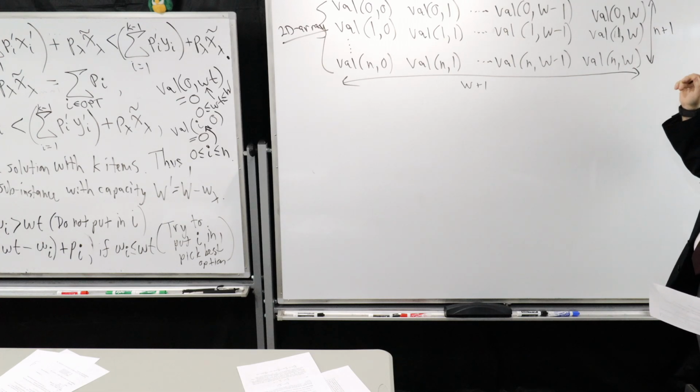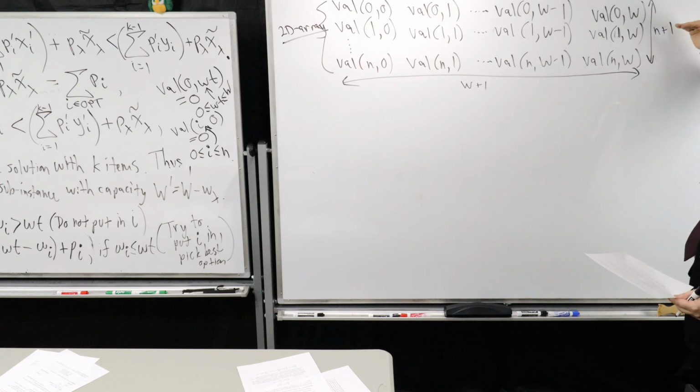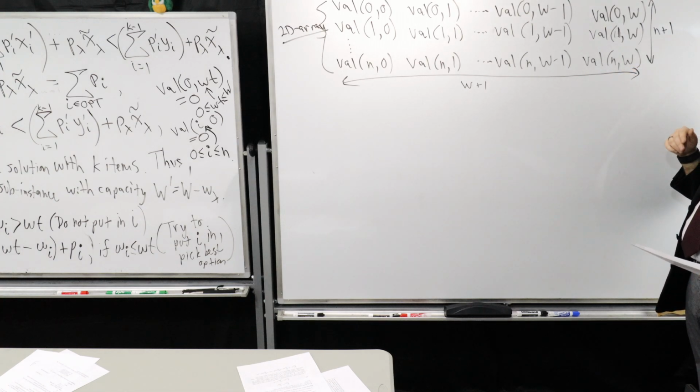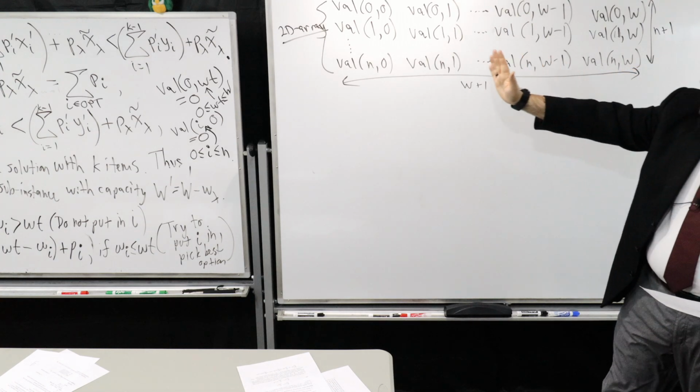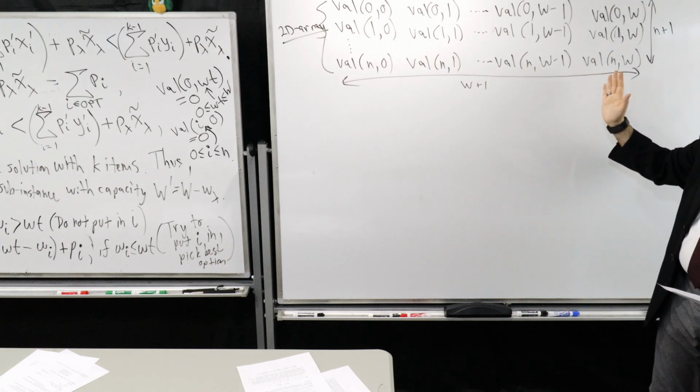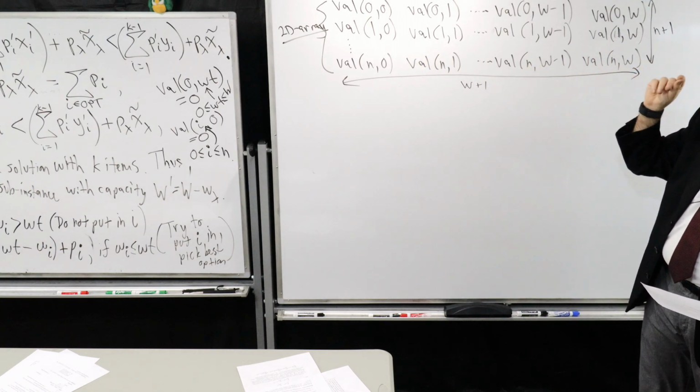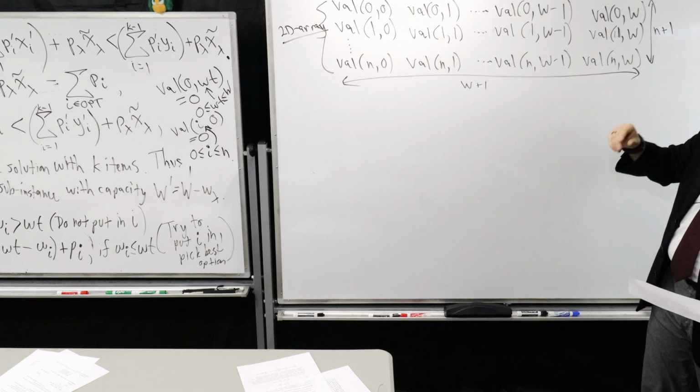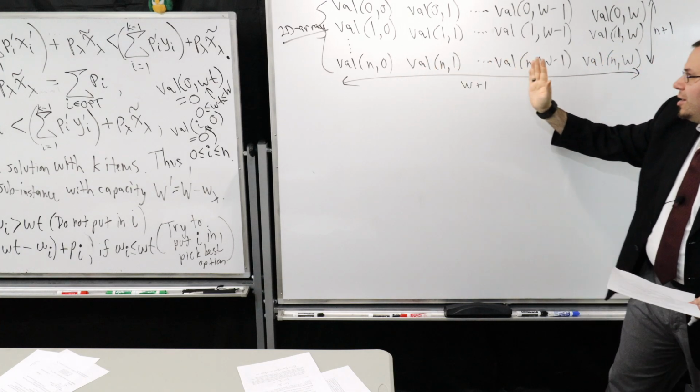If I look at what my recurrence was telling me, remember, each one of the rows is me saying I'm going to introduce another item in. This bottom row means I'm considering all n items. As I go along the columns, I'm increasing my knapsack capacity limit by 1 in each one of my columns.